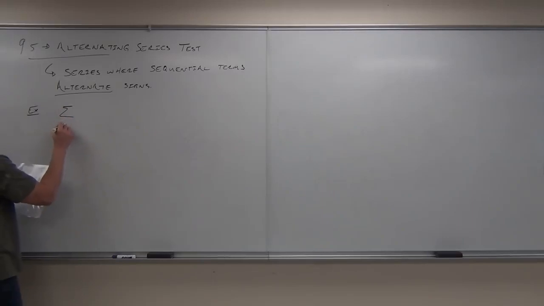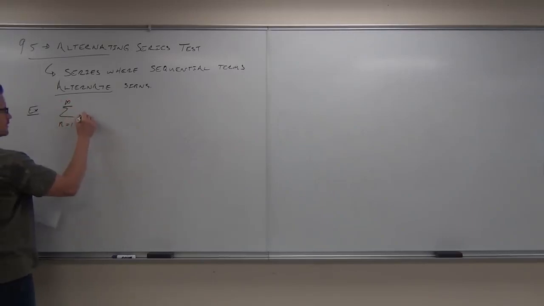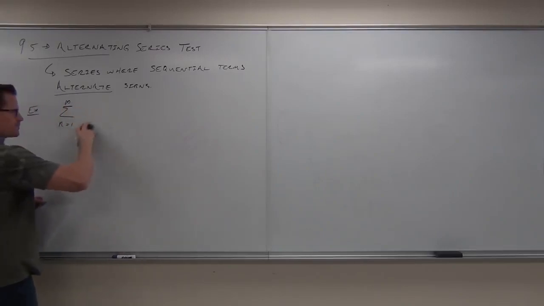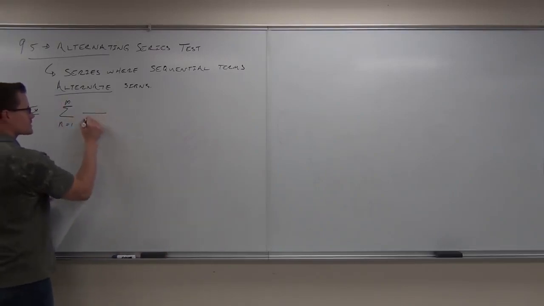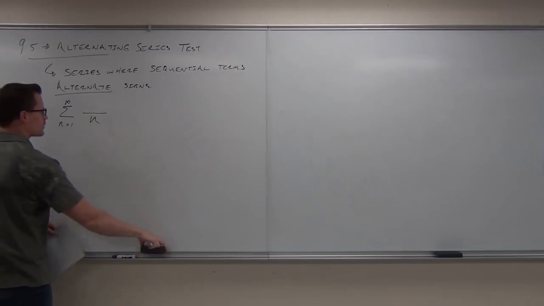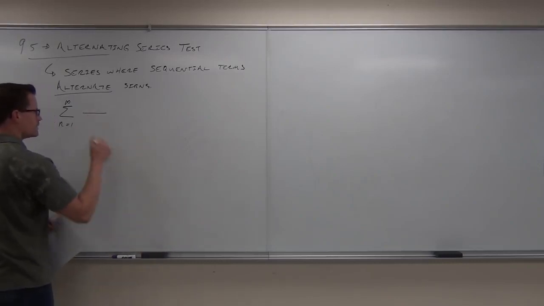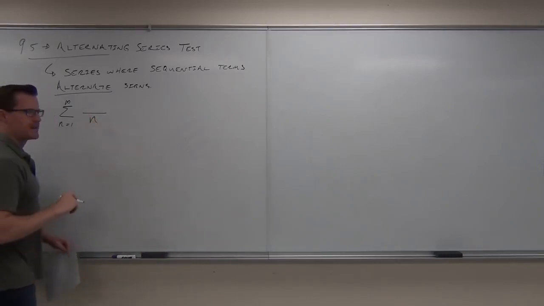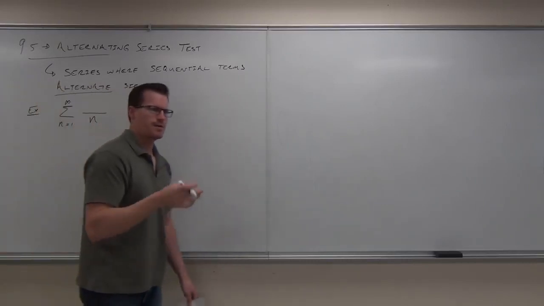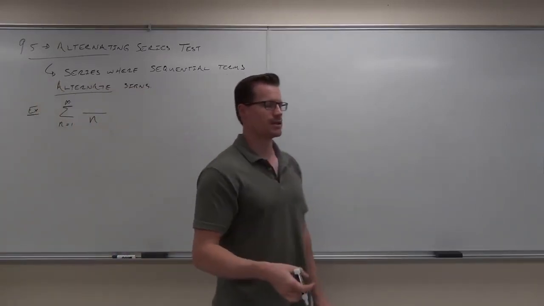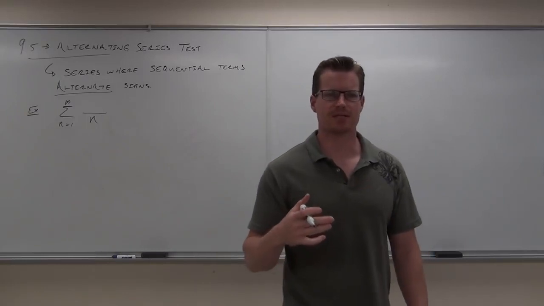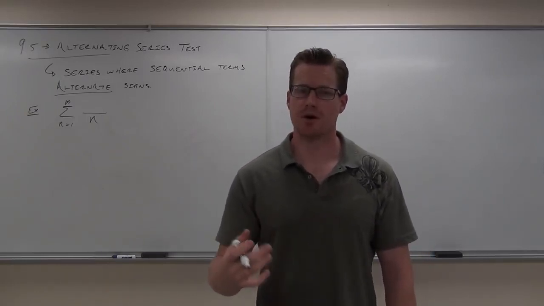So here's what they look like. Typically, there'll be some series like this one, and there will be something in it that makes the signs alternate. Do you remember what we had that made the signs of our sequences alternate?